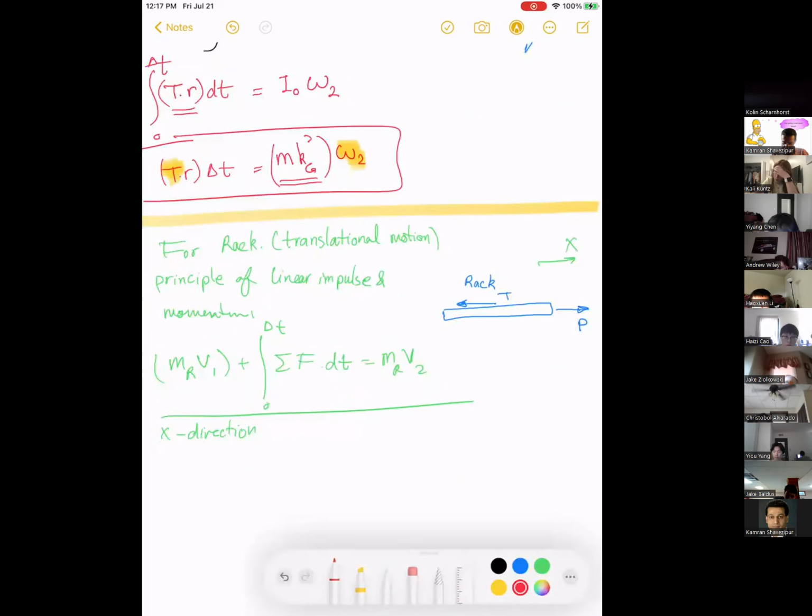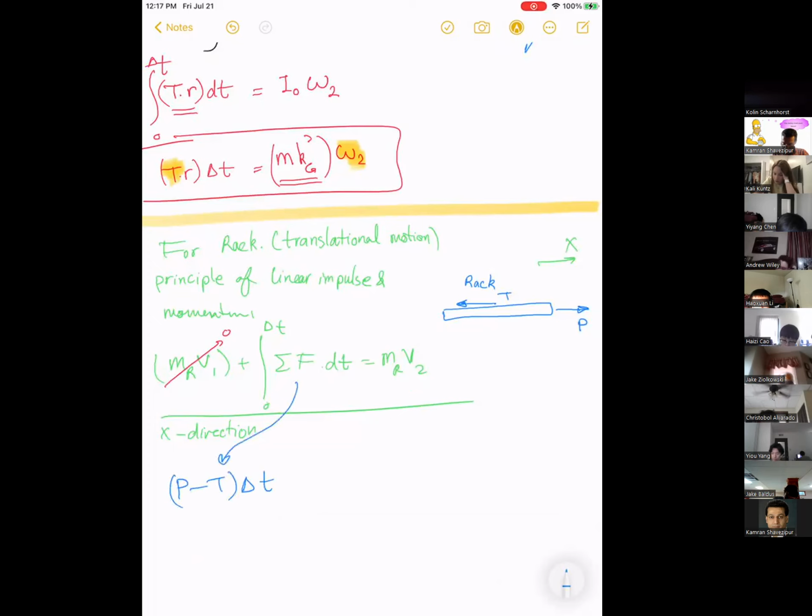Again, the problem says start from rest, so V1 is 0. Summation of forces in this direction, you're going to get P minus T delta T, this integral simplified like that, equals M rack V2. Now the question is, how much is V2? Can I relate the velocity of the rack to the velocity of the gear?